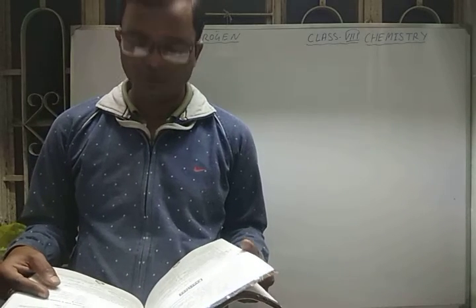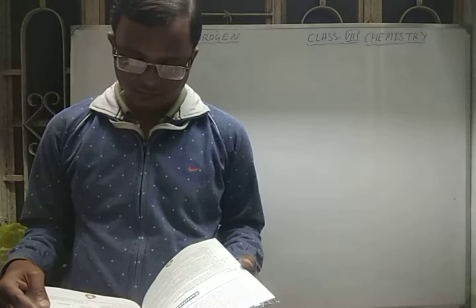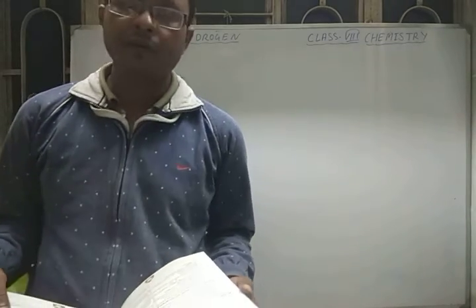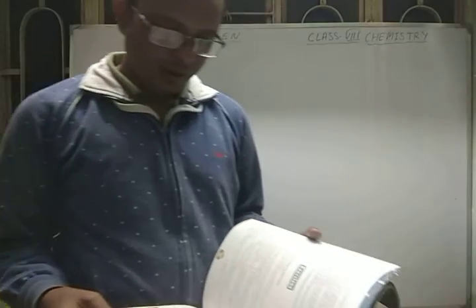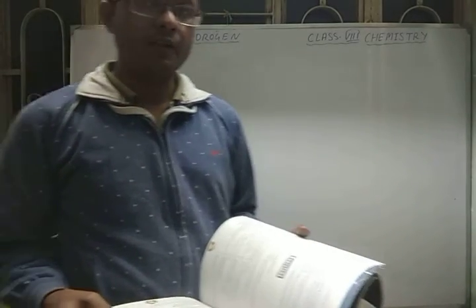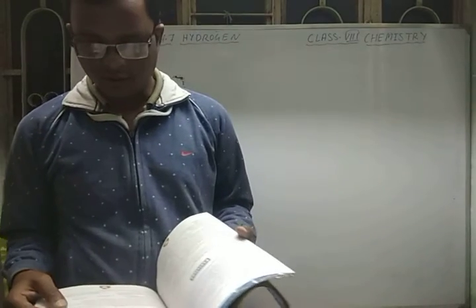Now explain the following terms. Oxidation: the addition of oxygen or the removal of hydrogen is called oxidation. Reduction: addition of hydrogen or removal of oxygen is called reduction.